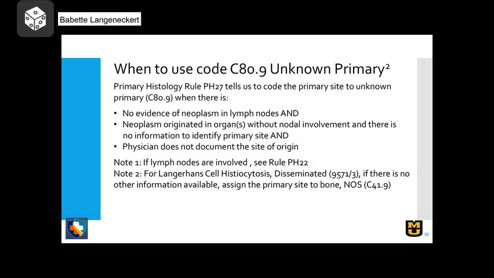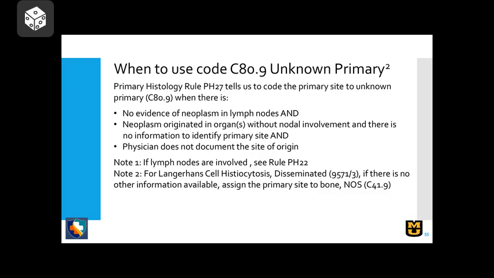When to use code C80.9, unknown primary. Primary histology rule PH27 tells us to code primary site to unknown primary C80.9 when there is no evidence of neoplasm in the lymph nodes and the neoplasm originated in organs without nodal involvement, and there is no information to identify the primary site, and the physician does not document the site of origin.